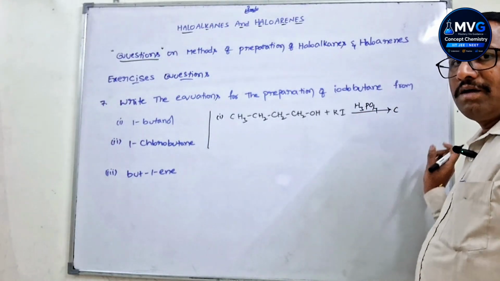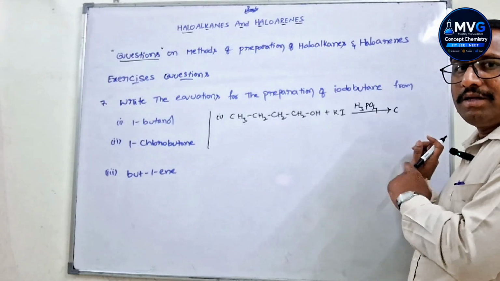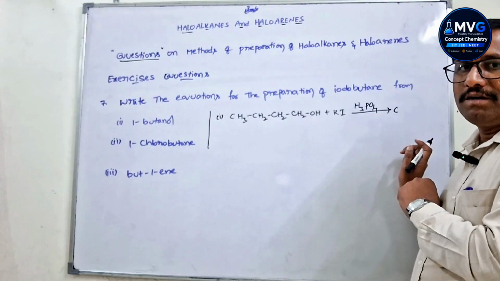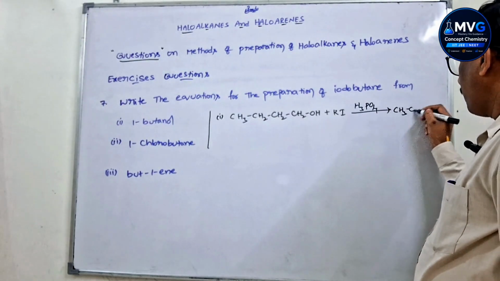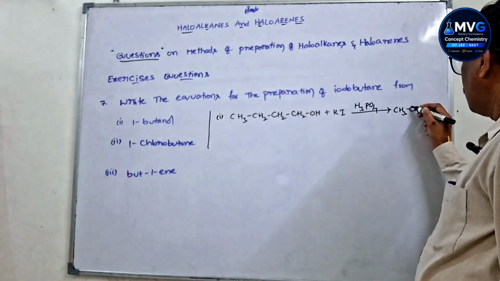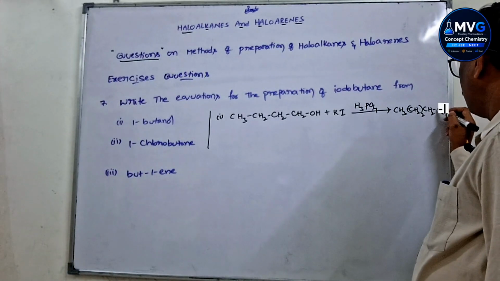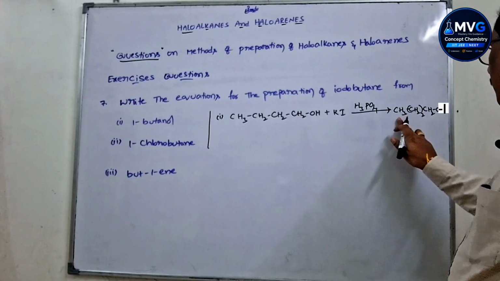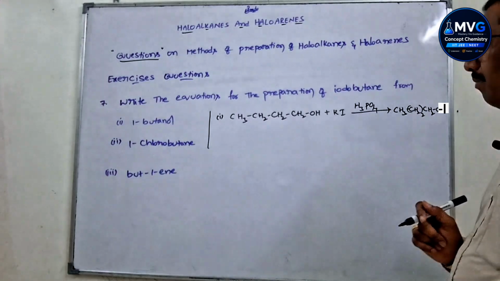First it initiates the HI. In situ HI is forming, that is highly reactive. Immediately it will involve in the reaction. Like now here, CH3, CH2, CH2, CH2, OH is the compound. Here 1, 2, 3, 4, 4 carbons are there. This is the product, students.